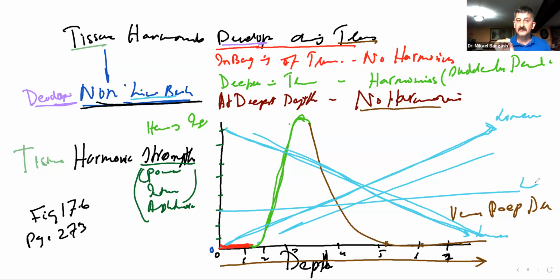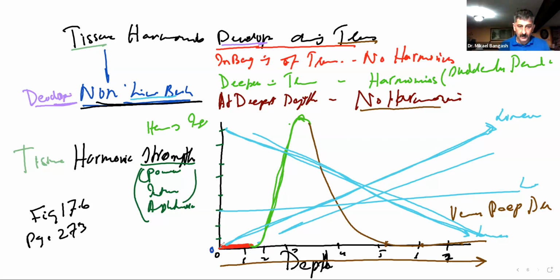But your tissue harmonics are harmonics. So when we say harmonics, they are going to be displaying a non-linear behavior. We know that they develop during transmission.